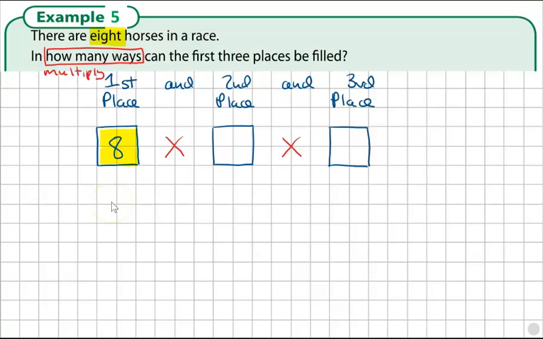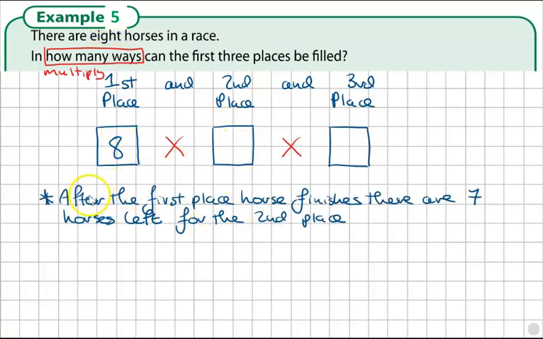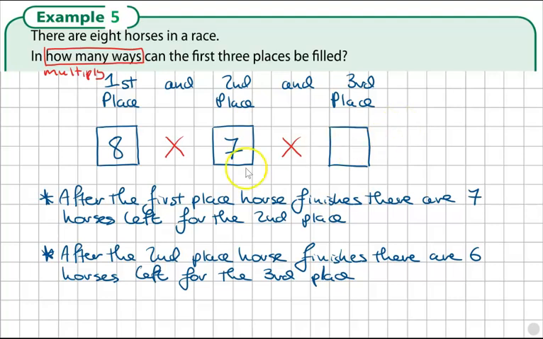Once the first horse is across the finish line, there's 7 horses left that could possibly get second place. And then likewise, after the first place and second place horse have crossed the finish line, there's going to be 8 minus 2, which leaves us with 6 horses left that could possibly get third place.